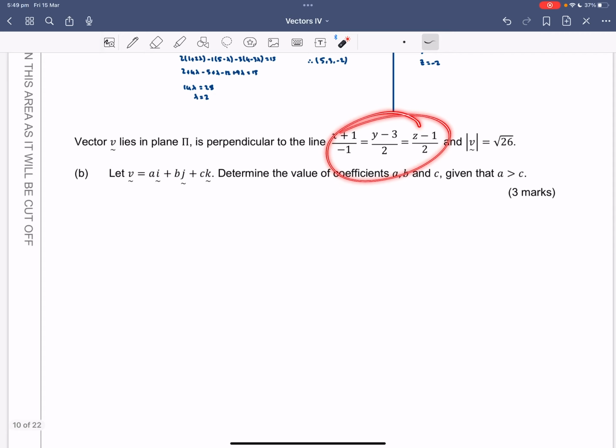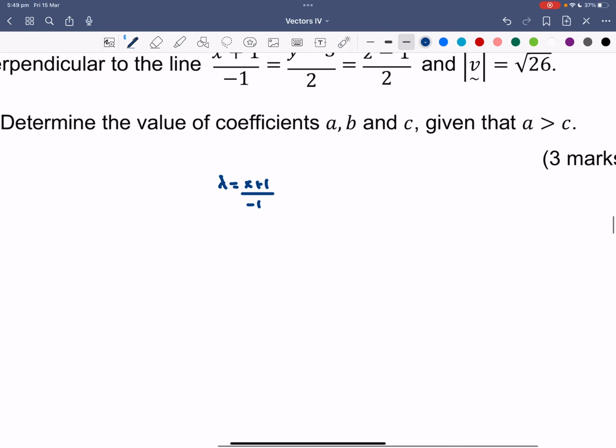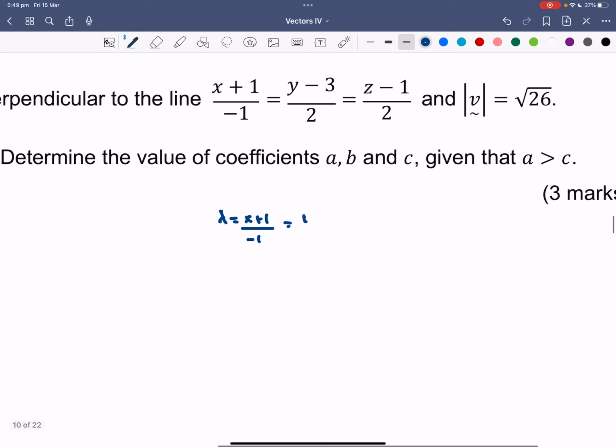They've given us the Cartesian equation of the line. So if I was to write this a bit better, it means lambda equals x plus 1 on negative 1. They're all basically equal to lambda, which equals y take 3 on 2, which equals z take 1 on 2.